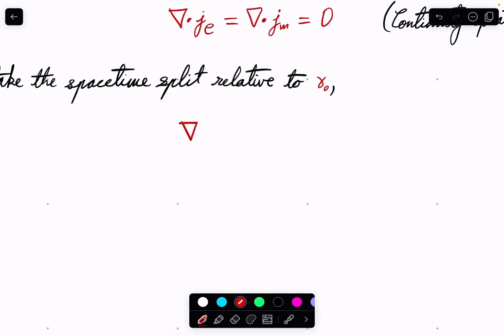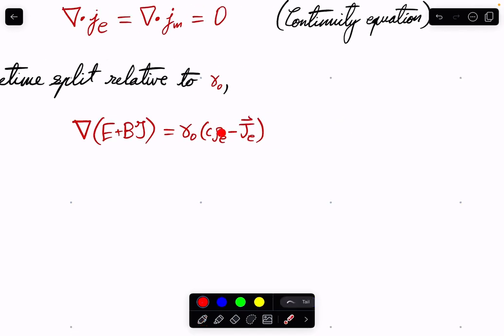And this is the gradient times E plus B I equal to gamma naught times c rho electric, then the electric current density. So you have electric charge density, then you have electric current density, which is charge changing per time, then plus the magnetic equivalent.